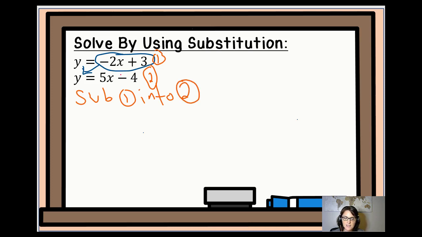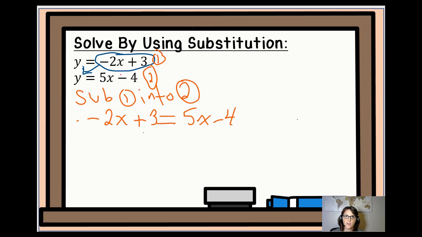Okay, so I'm going to write this as -2x plus 3 equals 5x minus 4. Okay, so I'm going to rearrange the equation so that my x's are on the left and my constants are on the right.